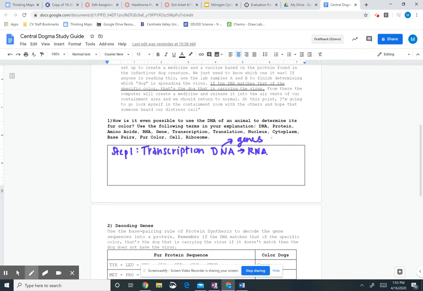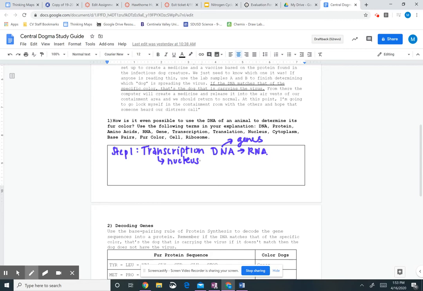And since we're focusing in on the gene that we want, we're making this RNA that takes it out into the cytoplasm. So transcription, one of the big things is that it happens inside of the nucleus.